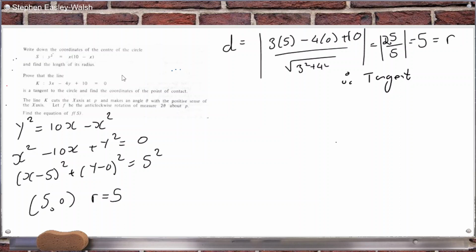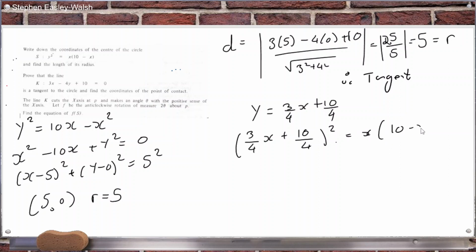So here I want to get the y or the x. I'll get the y. y equals 3/4x plus 10/4, which of course is 5/2. So if I sub that in, I get 3/4x plus, I'm actually going to leave it as 10/4 for the moment, squared equals x times 10 minus x.